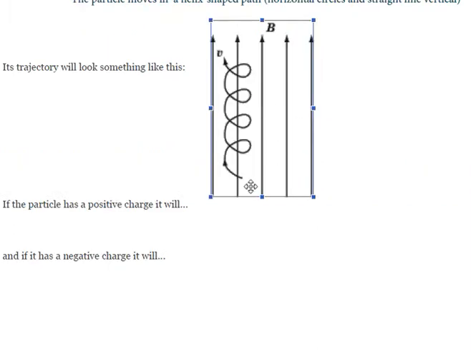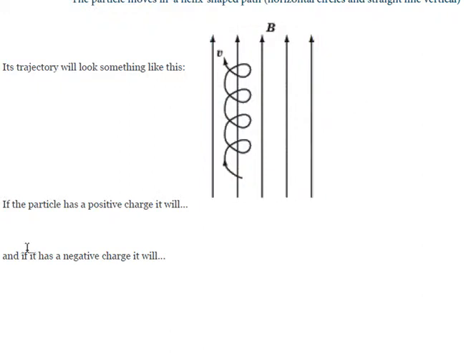Alright, so a little bit better than what I did. Just keep in mind that it's down into the page on the right side, up out of the page on the left. Down, up, down, up, down, up. Okay, so here's where we start to differentiate.